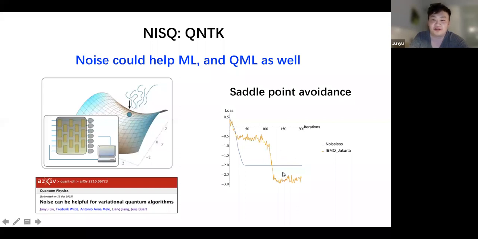This is a real quantum experiment where we show that the performance is in fact better with the quantum noise than in the noiseless case. That already tells us that quantum noise in the machine could help the performance of a quantum machine learning algorithm in some cases.